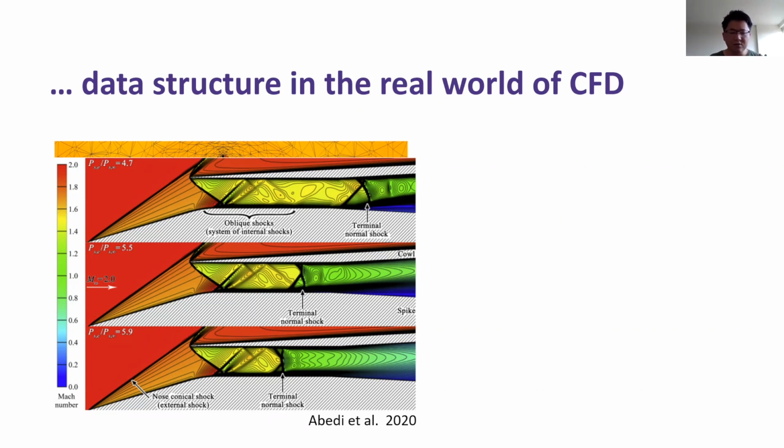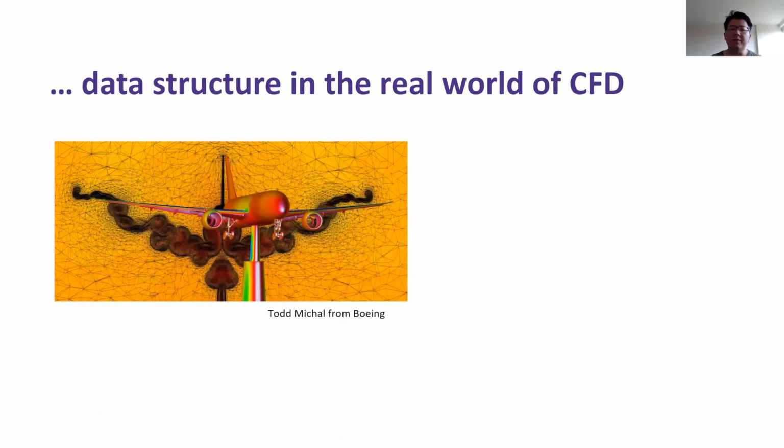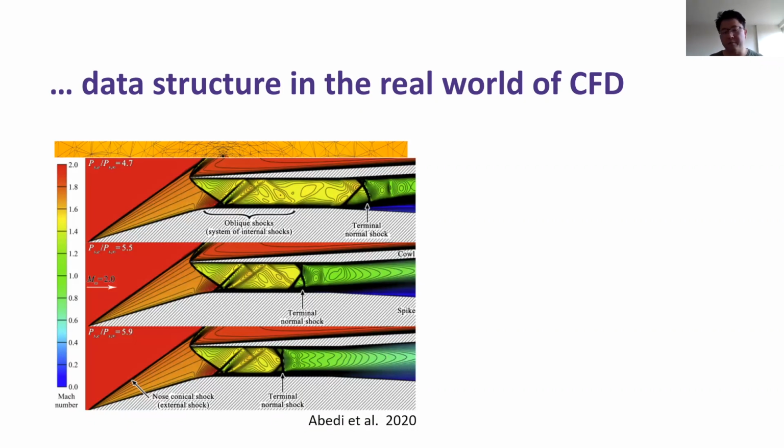Previously, I talked about the downside of singular value decomposition, but how about convolutional neural networks? Unfortunately, they are not going to work in either of those cases either, because you would need a uniform pixelization.